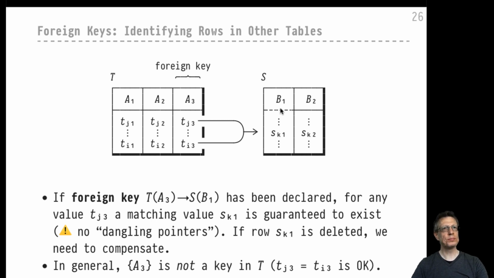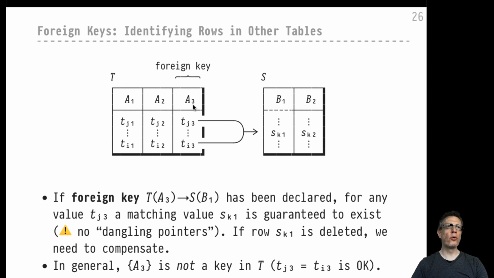Okay, that fits. We can even connect this row with two different rows. Row I, for example, might also depend on the details in the kth row over here. No problem. TJ3 and TI3 might be the same value, SK1 for example, so both would point to this row here in table S. That's perfect, that's fine, of course.